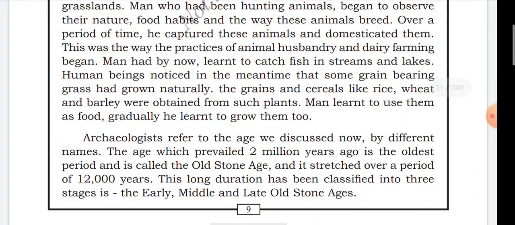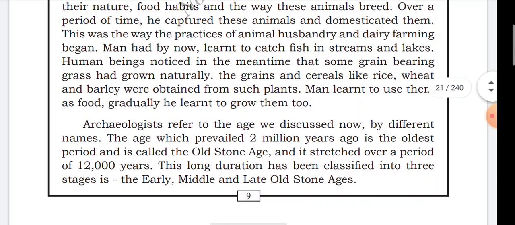Okay, man had by now learned to catch fish in streams and lakes. Human beings noticed in the meantime that some grain bearing grass had grown naturally.